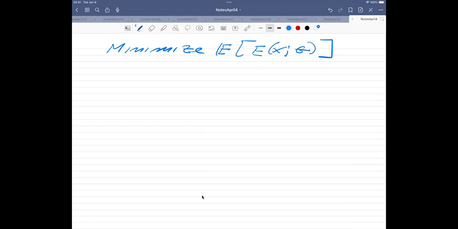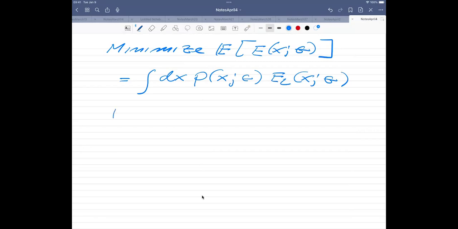And in our case, if we have a continuous distribution, this is going to be given by the integral dx of P of x, theta multiplied with the local energy of x, theta. And that means that when we now calculate the derivatives for a given specific parameter, we are going to take this quantity here, E of x as a function of theta. We want that one to be 0.